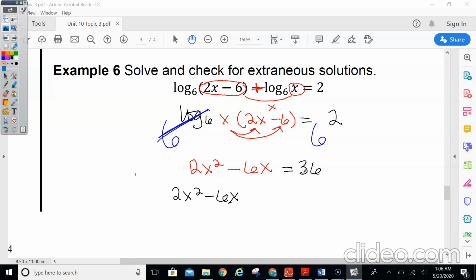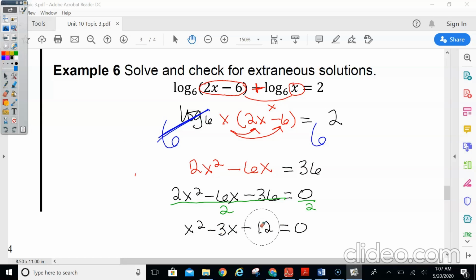When I move the 36 to this side, it becomes negative 36, equals 0. Then I can divide everything by 2. So I end up with x squared minus 3x minus 18 equals 0. 36 divided by 2 is 18, so negative 18.